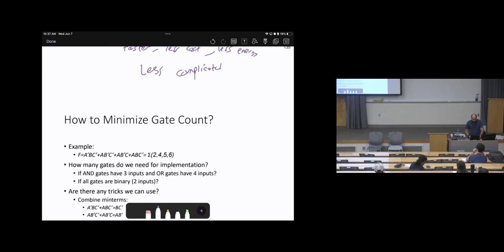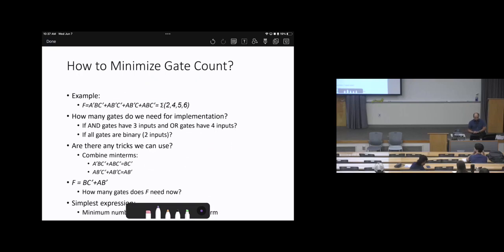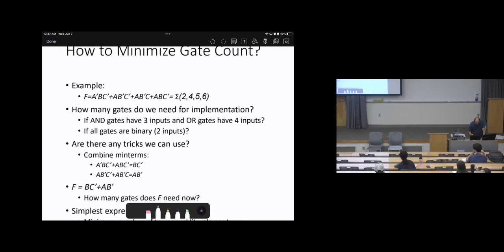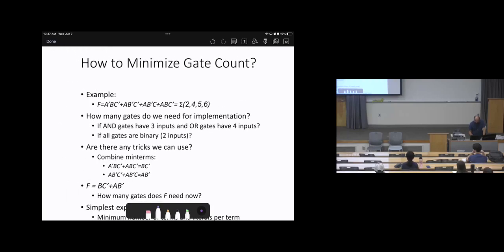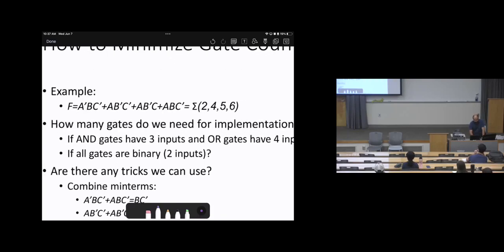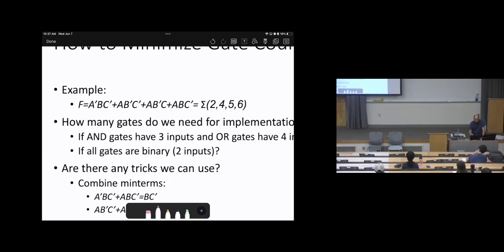How do we do the minimization? That's the question now. Look at this function. How many gates do we have? Here, this is and, this is and, this is and.